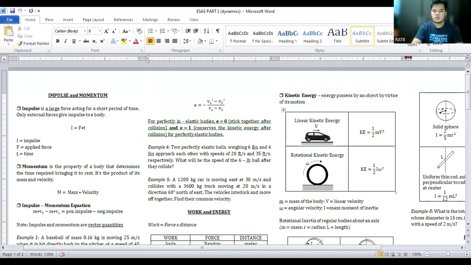The first topic that we'll be discussing for this lecture would be the impulse and momentum.